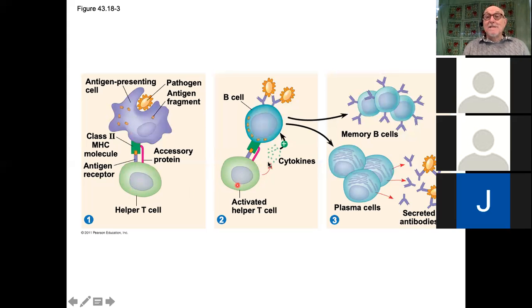The dendritic cell and the T cell talk to one another in the form of cytokines, immune hormones that are emitted. There's this hormonal chatter back and forth. The T cell now becomes activated and clones itself frantically. Very quickly, we end up with a large population of T cells.